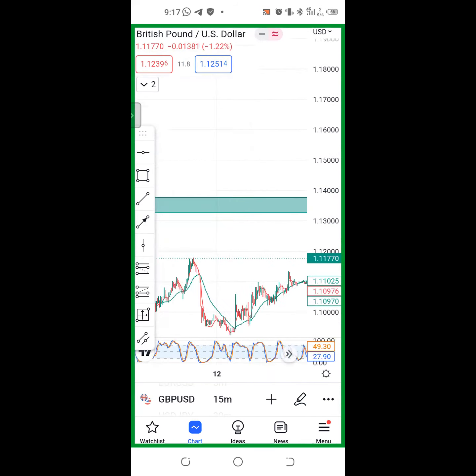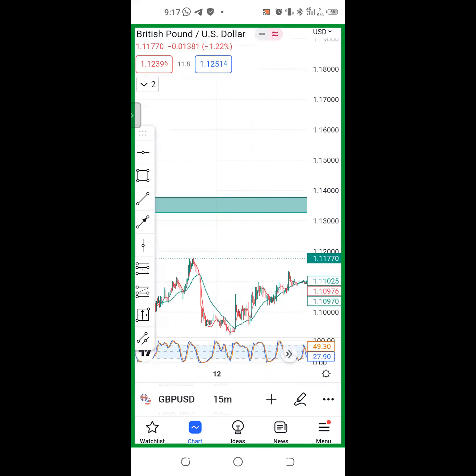It has happened in the past. Now, the more of this kind of event that happens in the past, the stronger that zone. The more prices that are rejected in the past by the same zone, the stronger the zone.